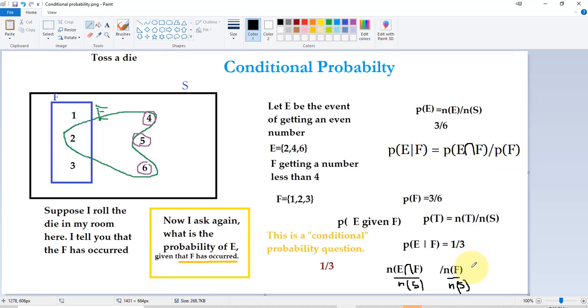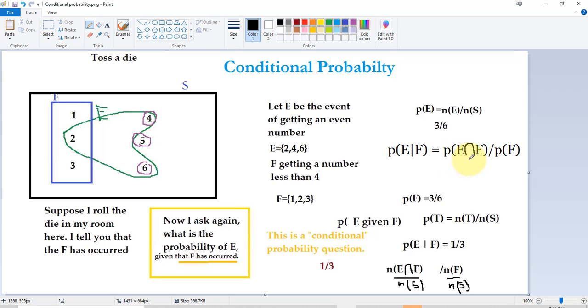Well, what is P of F? Using this idea here, if P of E is N of E over N of S, then P of F is N of F over N of S. And what do I see here? N of F over N of S. So this is exactly this. Okay, so we got that piece.